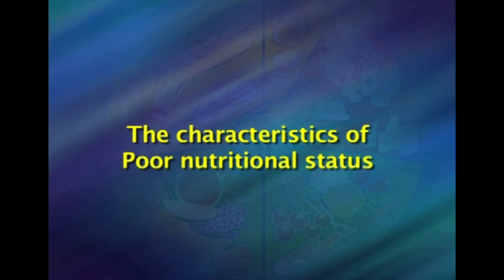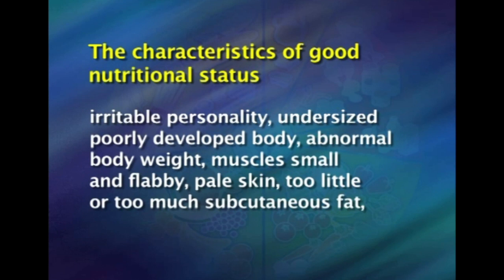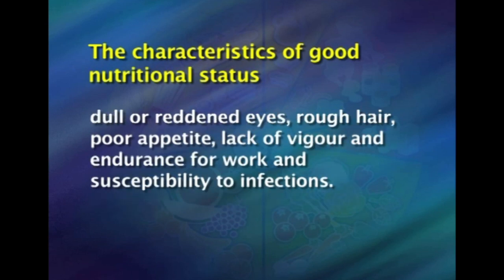The characteristics of poor nutritional status are irritable personality, undersized and poorly developed body, abnormal body weight, poor and small muscles, pale skin, very little or too much subcutaneous fat, reddened eyes, rough hair, poor appetite, and lack of vigor and endurance for work and susceptibility to infections.